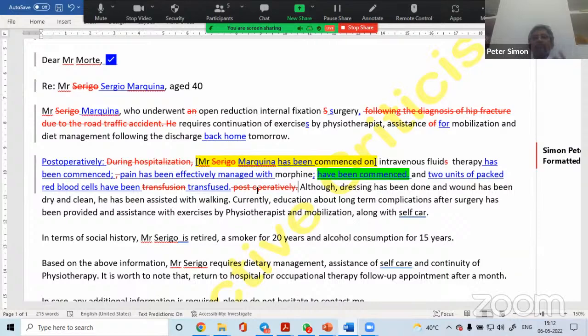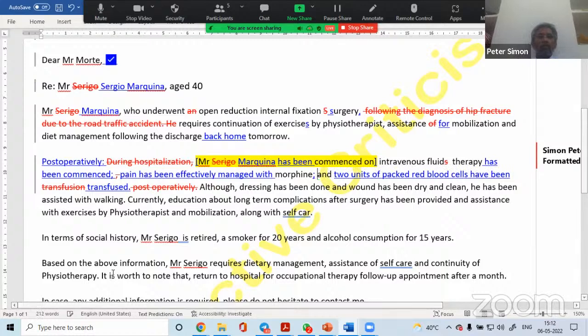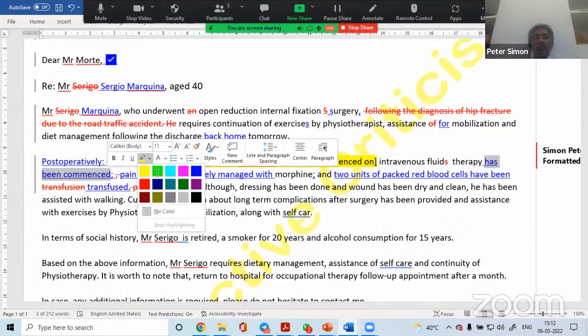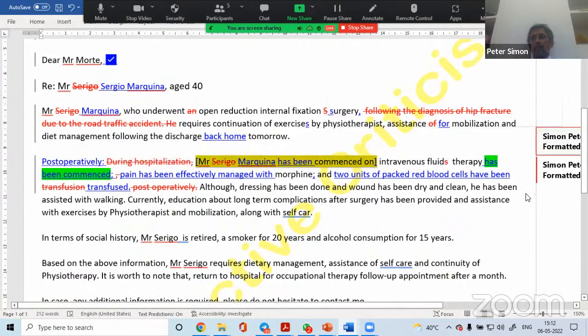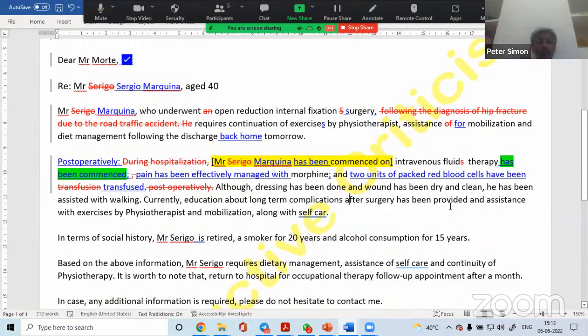Post-operatively, number 1, intravenous fluid therapy has been commenced. We can remove this one here because we shifted. We shifted here: has been commenced. Passive voice. Accept change. So that is very clear.